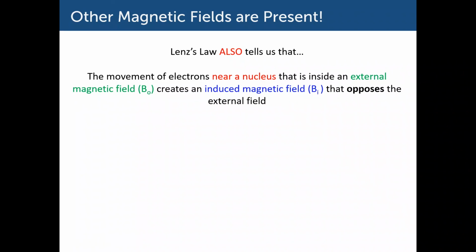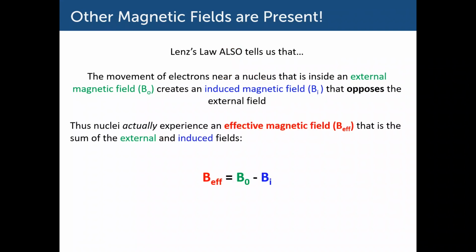So let's apply this to nuclei. If we have electrons that are moving near a nucleus, like let's say electrons near the nucleus of a hydrogen atom, those electrons, because they're moving inside of our instrument, are going to create their own induced magnetic field, and that induced magnetic field will oppose the external field. So what that means is that the nucleus itself will actually experience what we can call an effective magnetic field, or B sub-effective, or BEF.